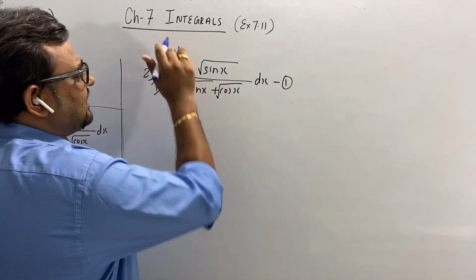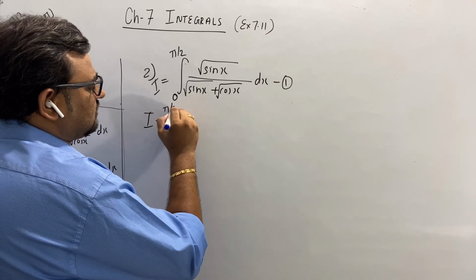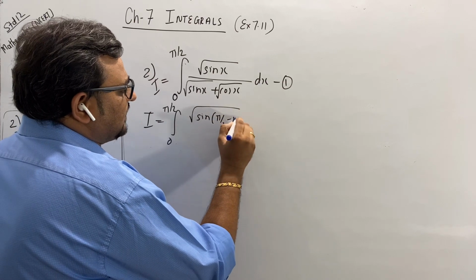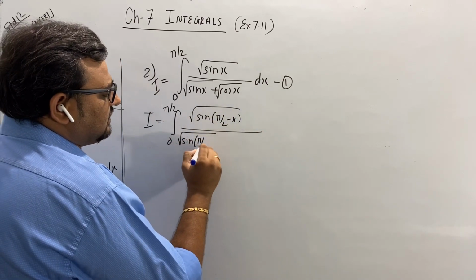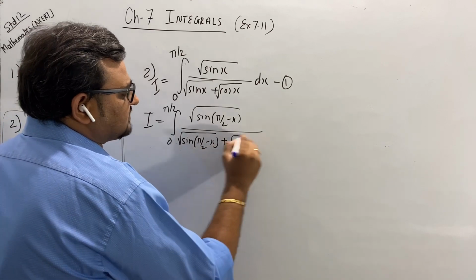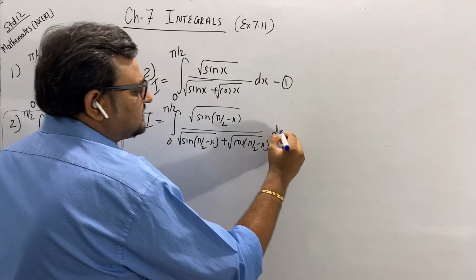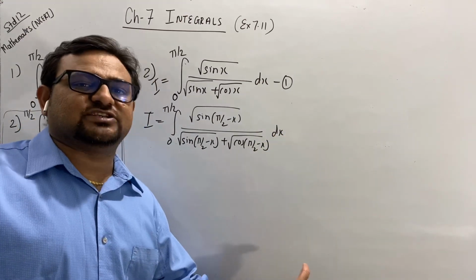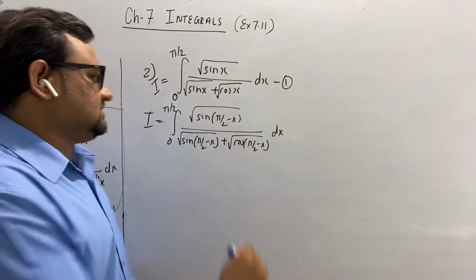So 0 plus pi by 2, that is pi by 2. Square root of sine of pi by 2 minus x upon square root of sine of pi by 2 minus x plus square root of cos of pi by 2 minus x dx. So I have replaced x with a plus b minus x, that is 0 plus pi by 2 minus x, that is pi by 2 minus x.